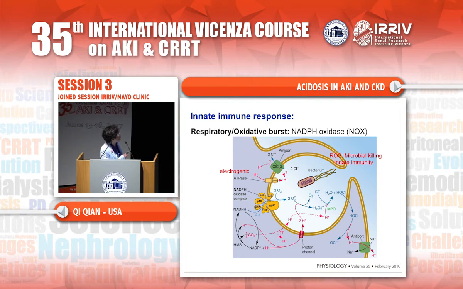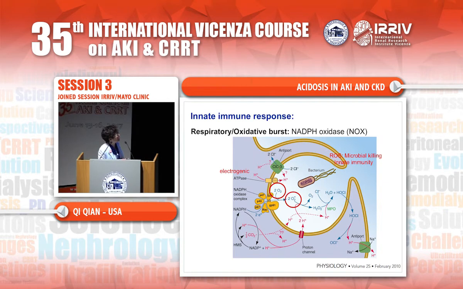Acidosis in AKI also paralyzes the innate immune response. And we know very well that leukocytes fight potential infection through what we call NADPH oxidase. NADPH oxidase relies highly on the local environment, what we call the phagocytic cup.